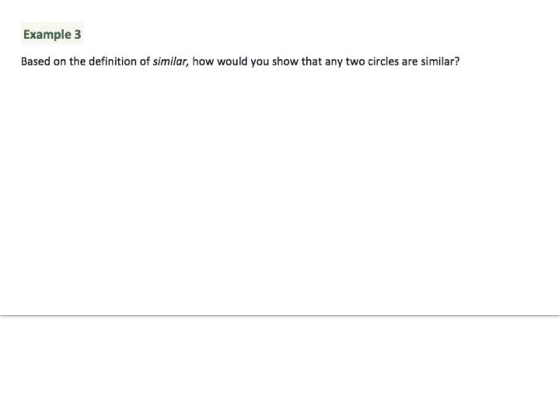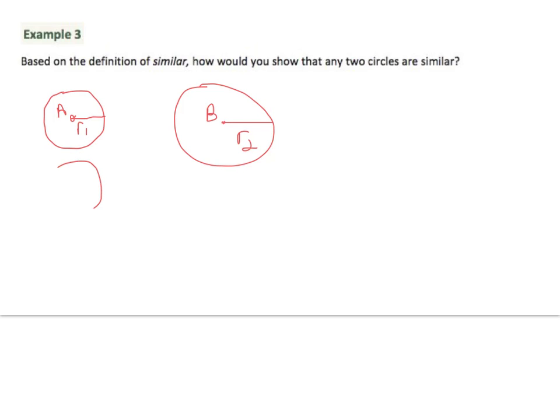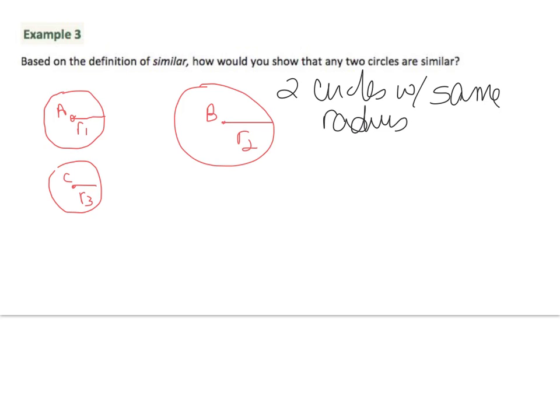Okay, I mean, if we look at two circles, we've got circle A and circle B. All right, so if we have two circles with the same radius, different centers, they are equal.